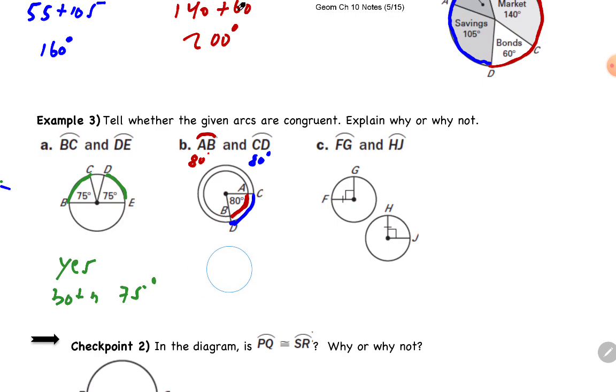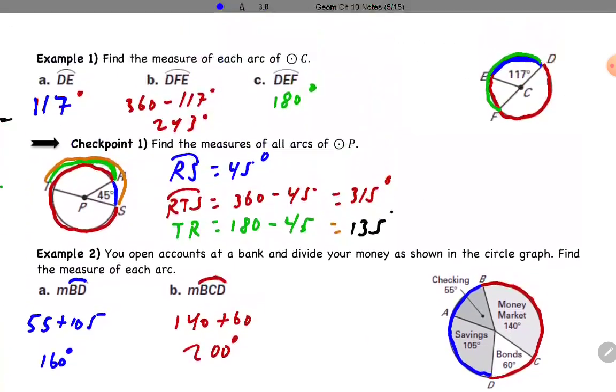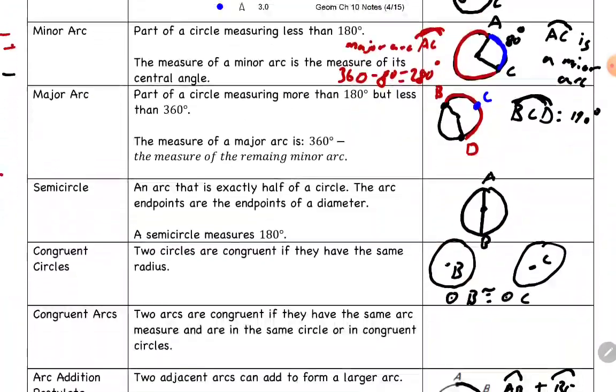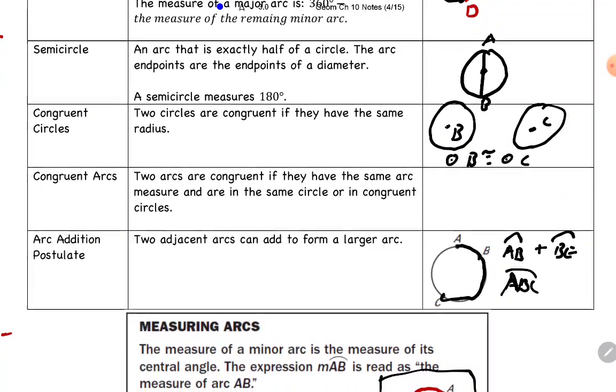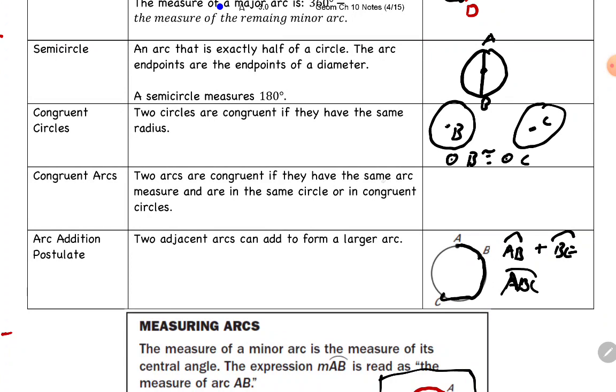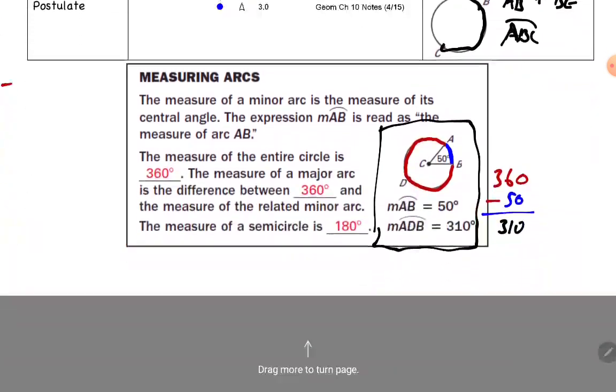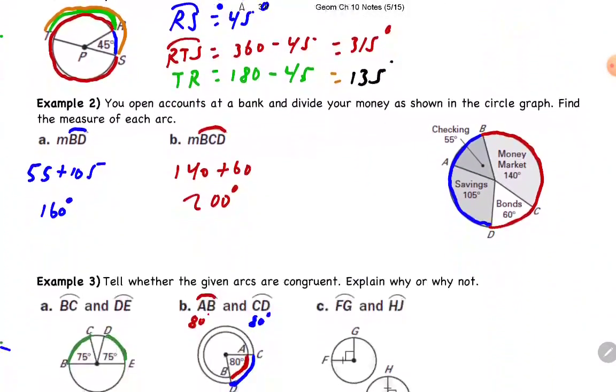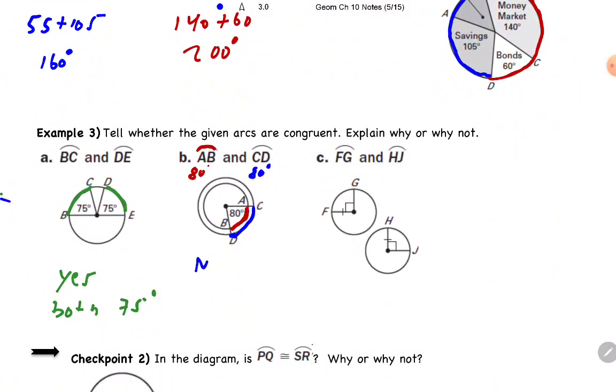But let's be sure and check our vocabulary. Two arcs are congruent if they have the same arc measure and are in the same circle or in congruent circles. Okay, so this one's actually a no. To both be congruent arcs, they have to be in either the same circle or in congruent circles. Circle A and circle B are not the same circle.